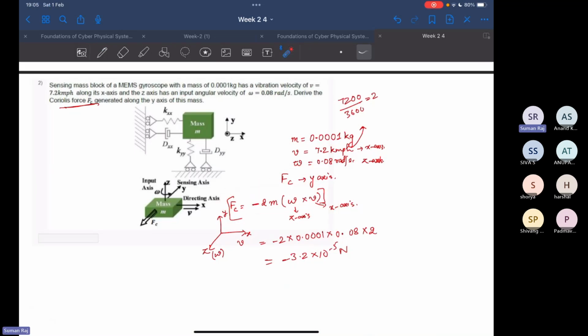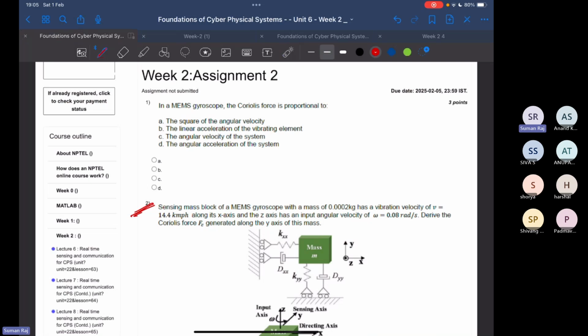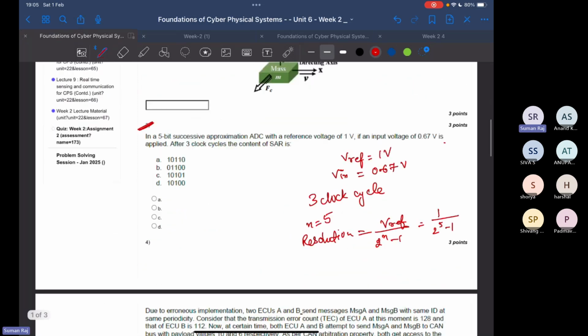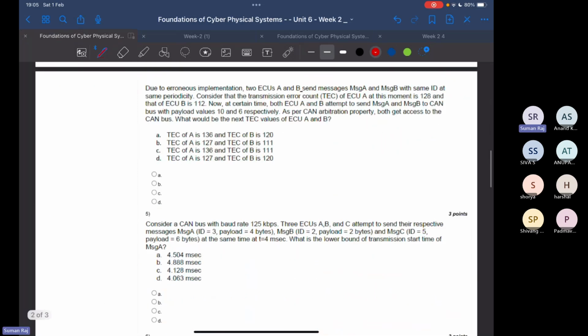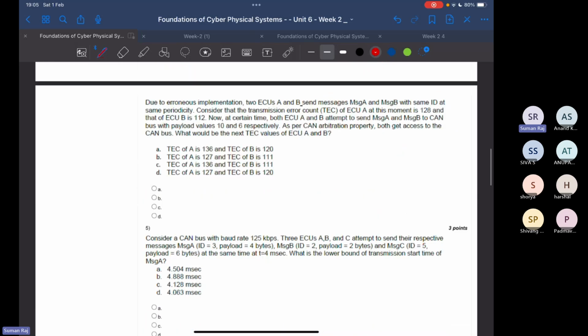We used this formula. Correct. So based on this, I think you can answer this question as to what it is going to be proportional to. Second question is discussed. Third is also discussed. This is the fourth question.